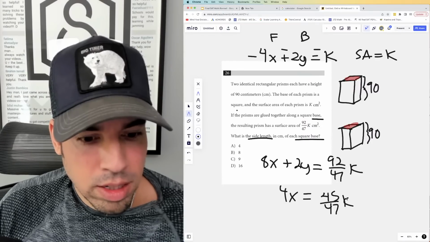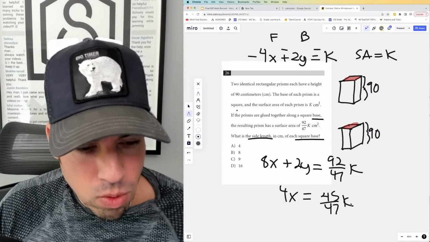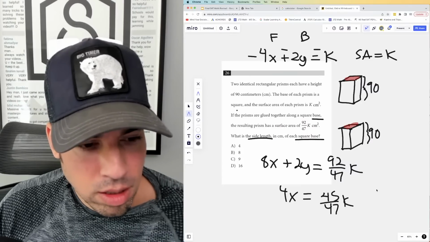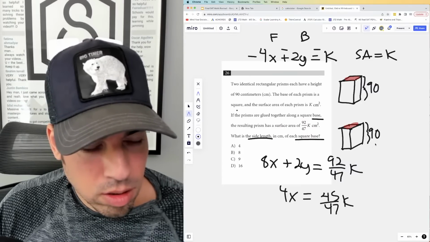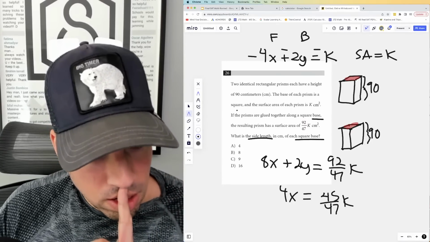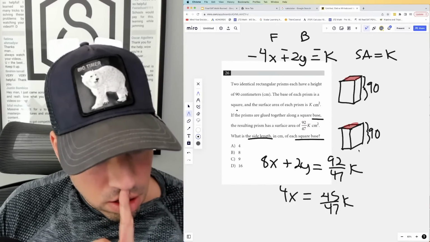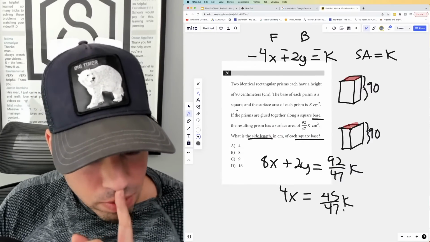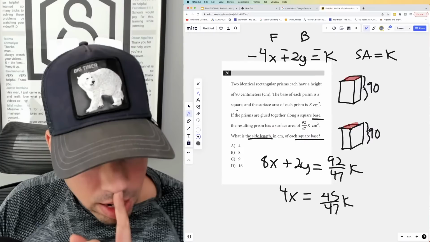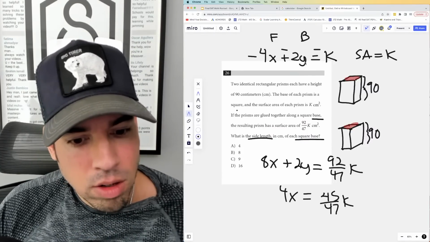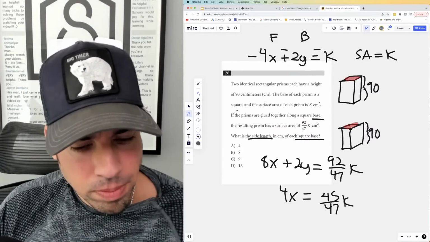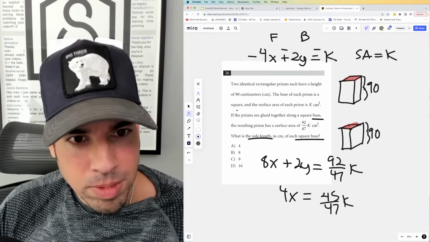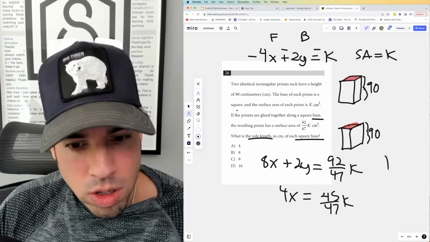And then each face, if we divide by 4, does this help? If the faces are 45 over 47 k, then I know the bases, because this is supposed to add up to k, the base is 1 over 47 k.